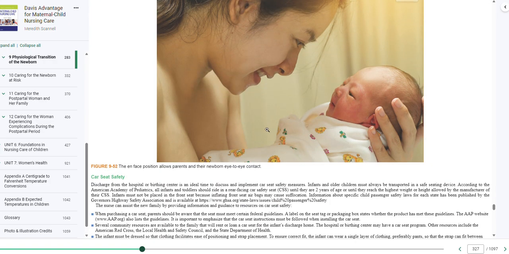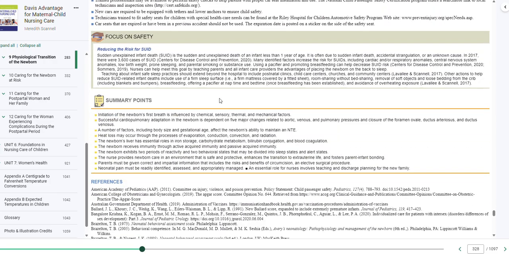Okay, last thing in this chapter, focus on safety. So we're going to talk about sudden infant death syndrome, also known as sudden unexplained infant death, SUID now, okay? It's very important to educate the parents that we always put our babies back to sleep. So, always on their back, not on their side, not on their belly, to sleep.